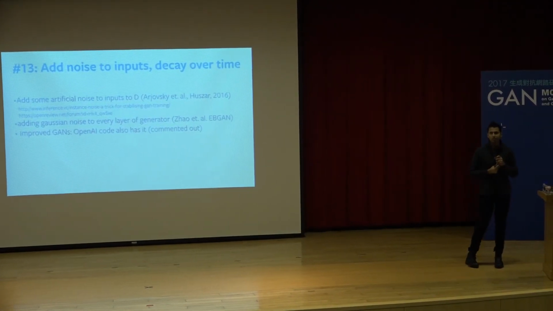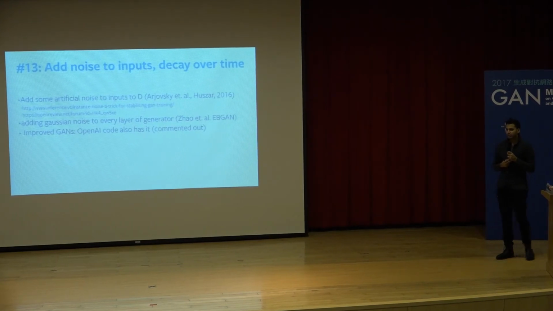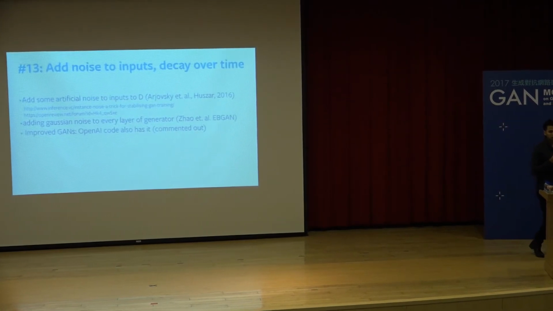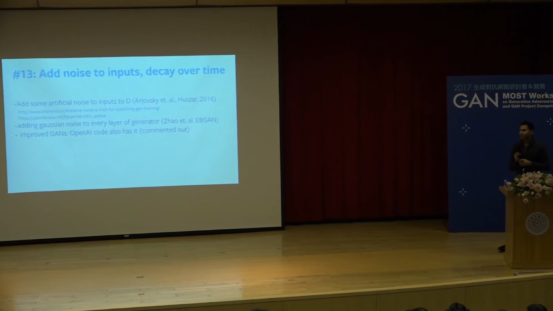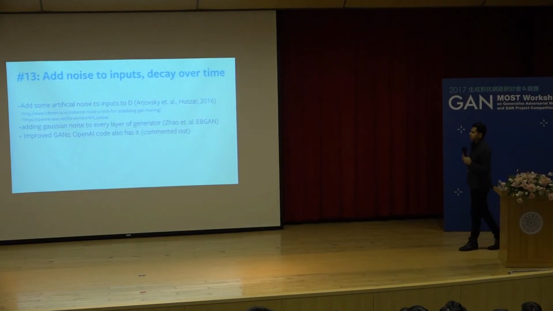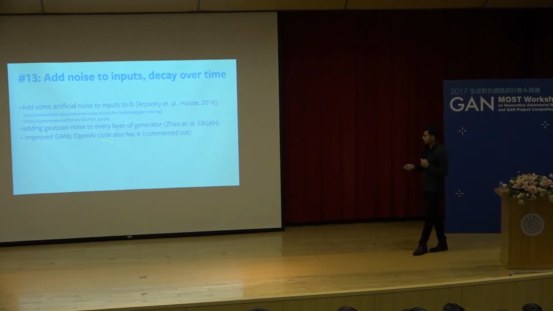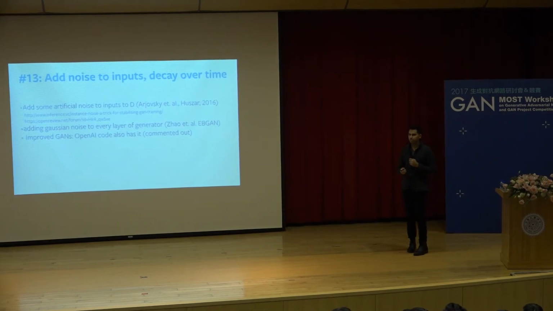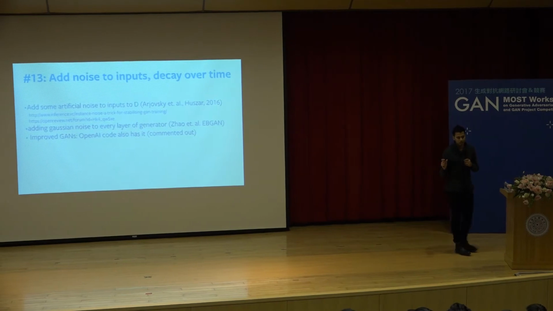That actually helps because then the discriminator can somewhat not discriminate very easily between the real samples and the generated samples, and over time, over training, slowly reduce the noise in the inputs.